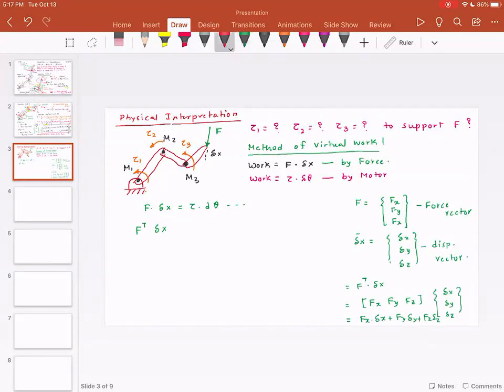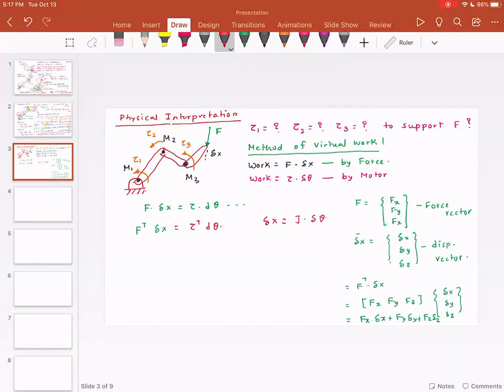So I would write this equation down as something like tau transpose d theta, because tau is also a vector. Now, please note, we know delta x is equal to Jacobian delta theta.